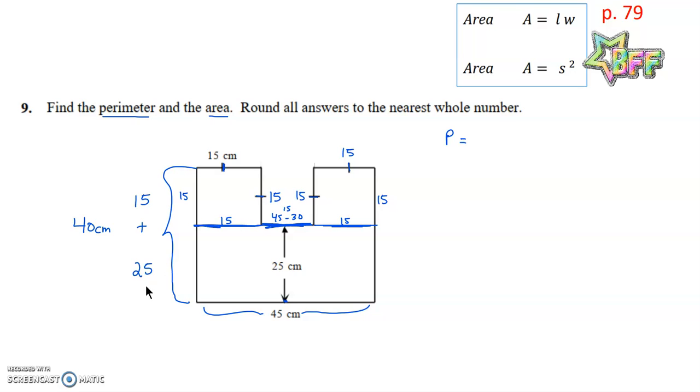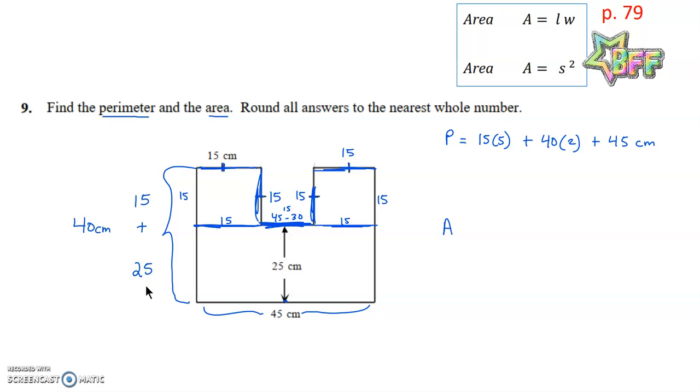So our perimeter is going to be 15 plus 15 plus 15 plus 15 plus 15. So that is 5 of those. So 15 times 5 plus 40 and 40, so 40 times 2, plus 45 centimeters.